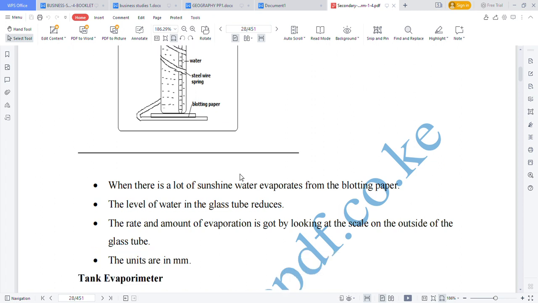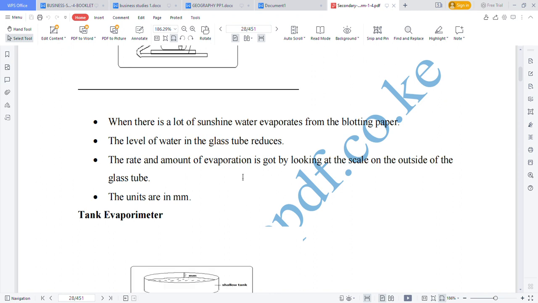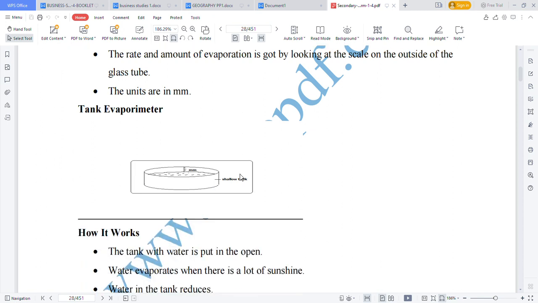When there is a lot of sunshine, water evaporates from the blotting paper. The level of water in the glass tube reduces. The rate and amount of evaporation is got by looking at the scale on the outside of the glass tube. The units are in millimeters.